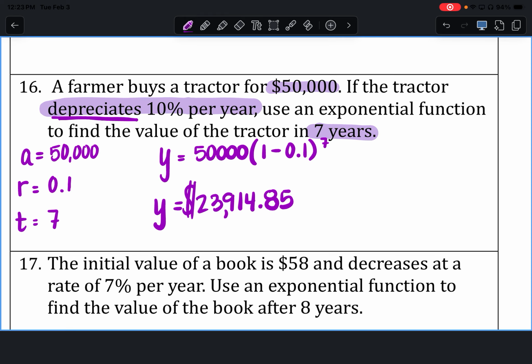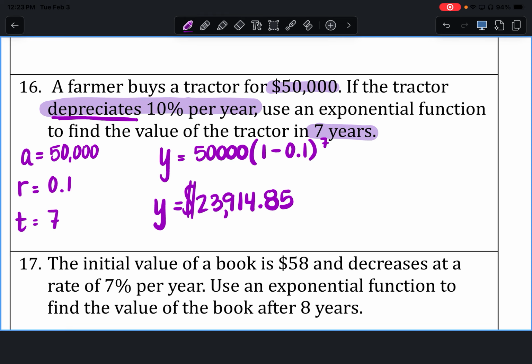Now, for number 17, you're going to do 17 on your own in just a second. We're going to do question 18 together. The population of a town is decreasing at a rate of 2.5% per year. The population in 2000 is 28,000. What is the expected population in 2015 if this rate of decrease continues?